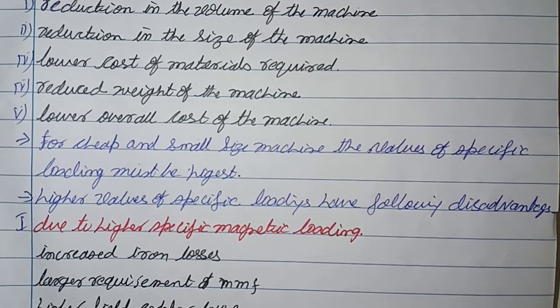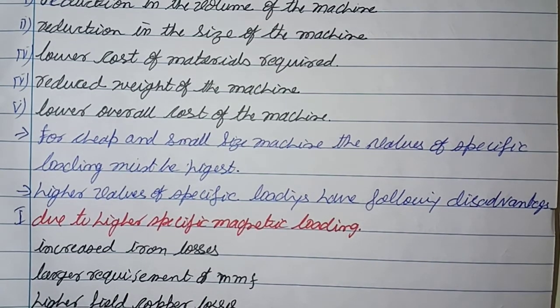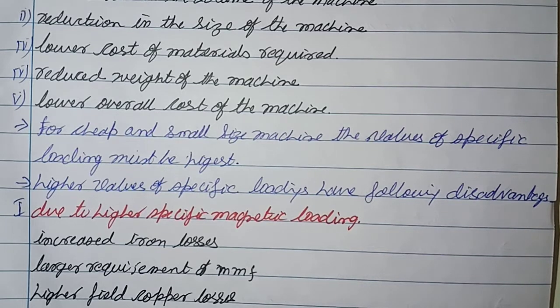First we will go through the disadvantages of having a higher specific magnetic loading. More flux means more BAV, that is, more specific magnetic loading. BAV is flux per area, so more flux means more losses, and we require a large MMF, because MMF is equal to flux into reluctance, so more flux means more MMF.